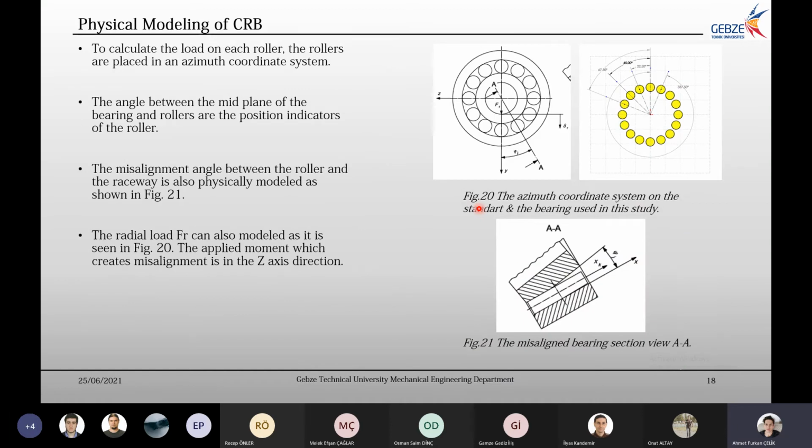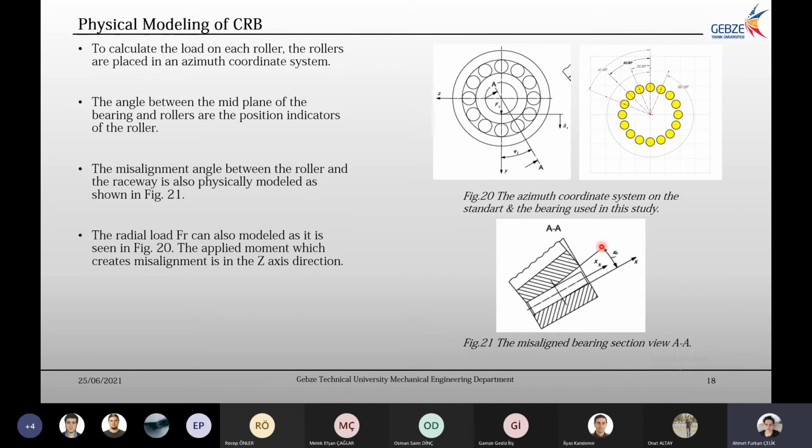All right, so in the physical modeling of the bearing, as I said, I placed my rollers in an azimuth coordinate system to find my load distribution overall in the bearing. So when I apply a radial load from here, I want to see at which angle the rollers have more load or more pressure and how it's distributed in the overall bearing.